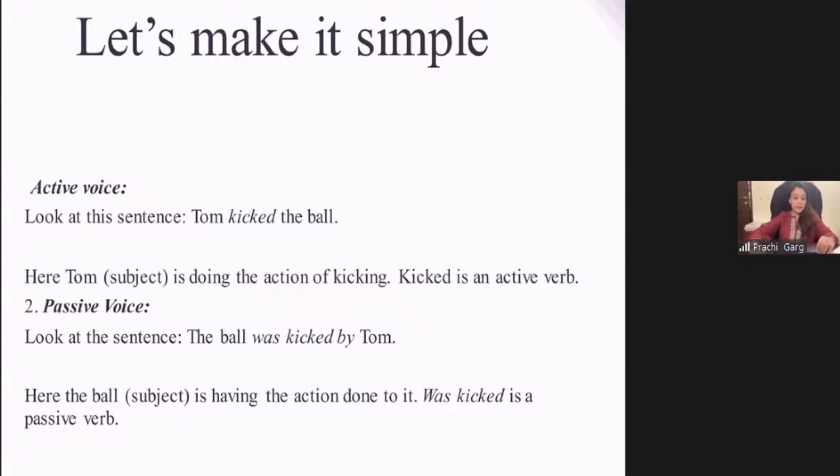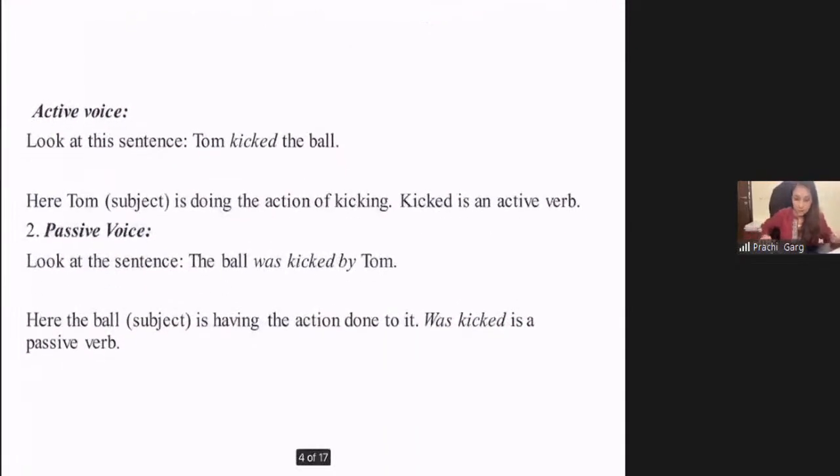So in the active voice, we talk about the doer of the action. So the doer of the action is the subject in the active voice. Then we have the verb, and then we have the object. In the passive voice, the sentence will change into: the ball was kicked by Tom.